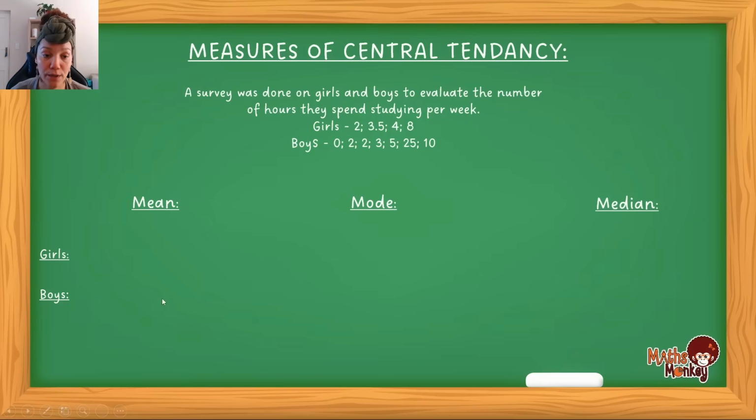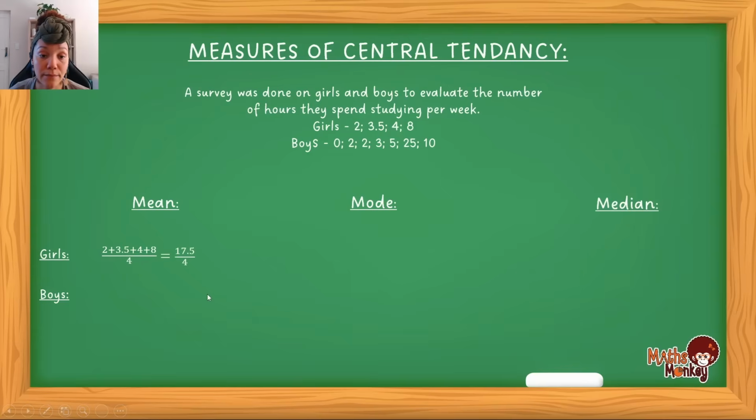So let's start with the mean. Another word for mean is average. How you calculate the average is you always add up all the values and divide by how many values there are. So for girls, I'll add up these values and divide by 4 because that's how many girls there are.